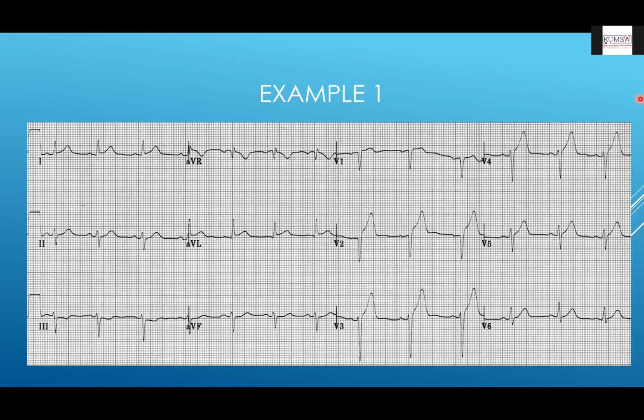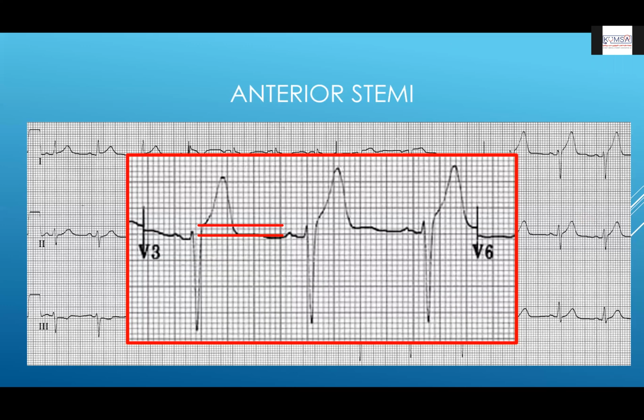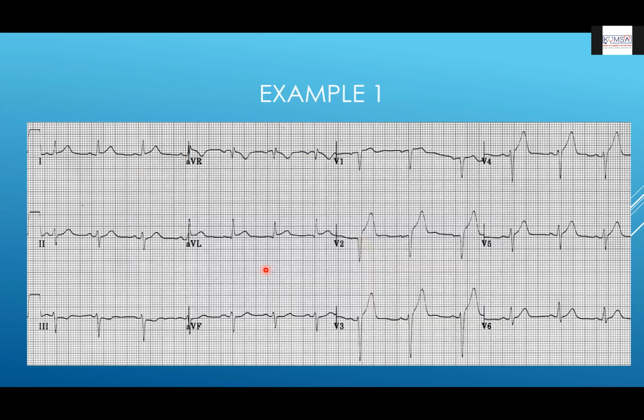Okay, excellent. Yeah. So just like you said, definite ST elevation in V2, 3, and 4. And it's more than 2 millimeters. So that's significant. But also, if we use the Pales mnemonic for reciprocal changes, so if we go back, we say that there's anterior ST elevation, we assume that there's inferior ST depression as well.